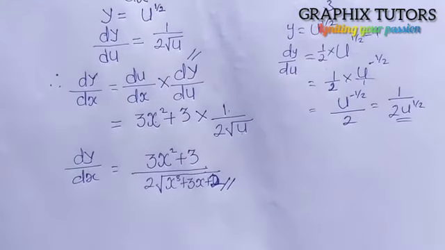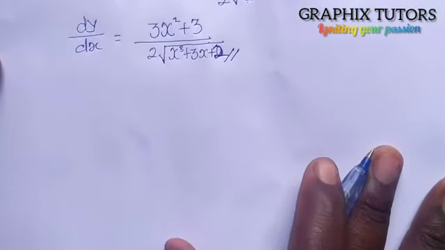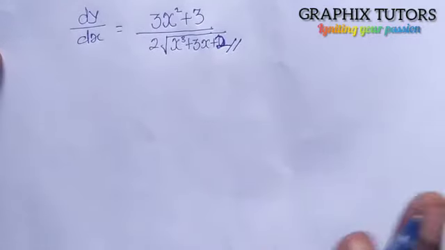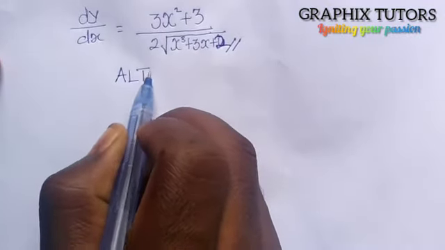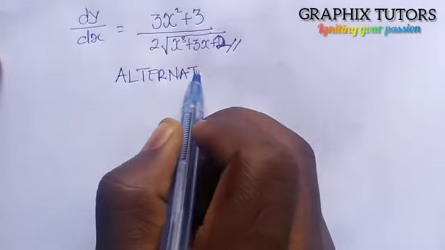Before the next question, there is an alternative way you can actually do this. So let's see the alternative way. Alternatively is an option, not necessarily that you should be able to do that.